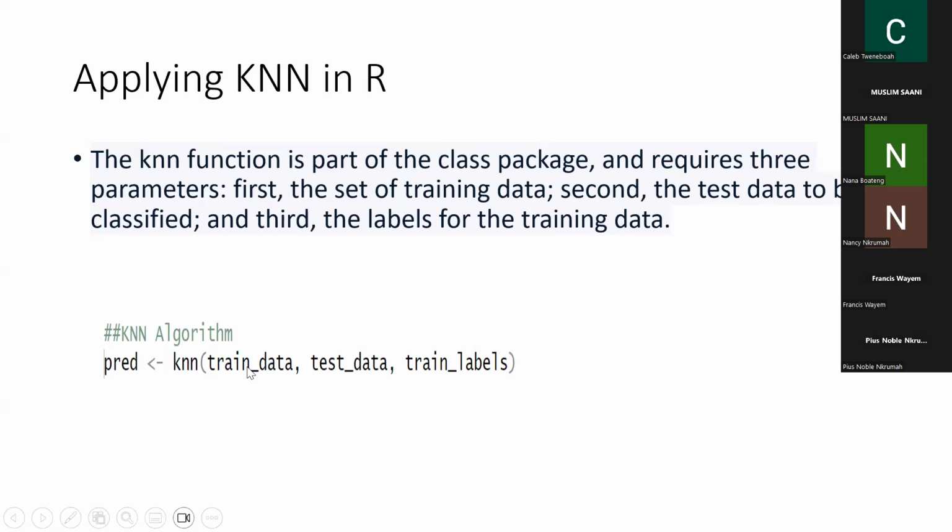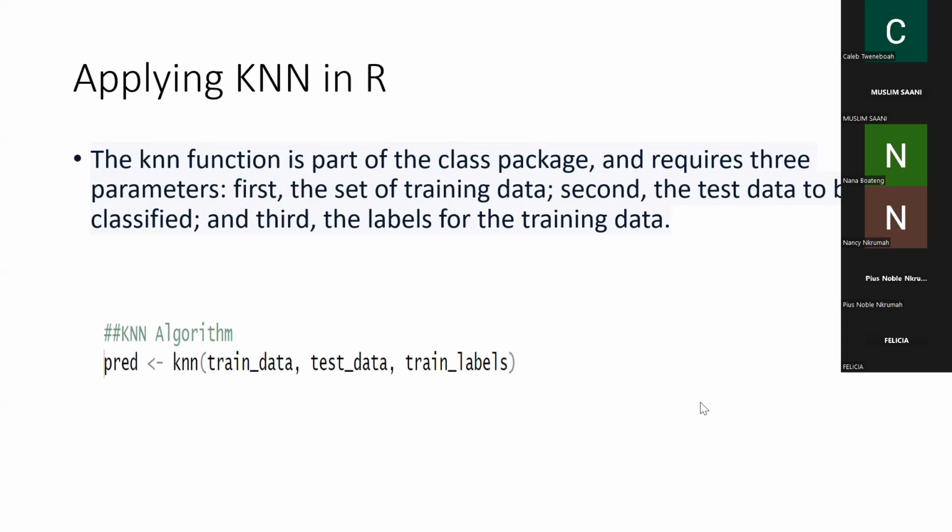For instance, with the train data, we will remove the outcome variable column, and that will become our label. So unlike logistic regression, where everything was there, here you remove that column and put it under labels. And then we run the algorithm.